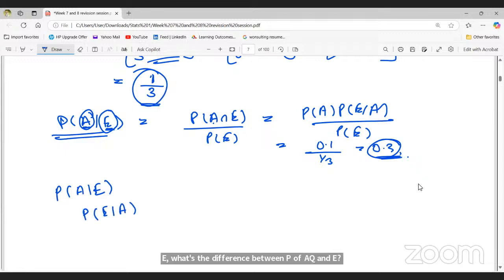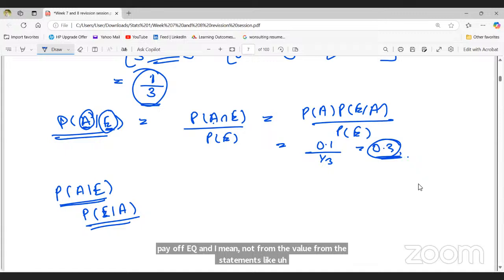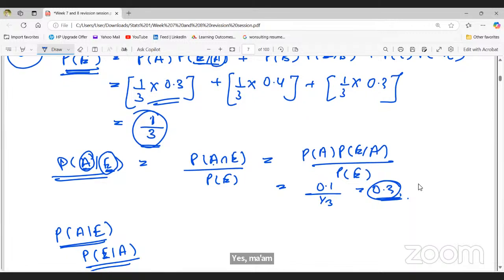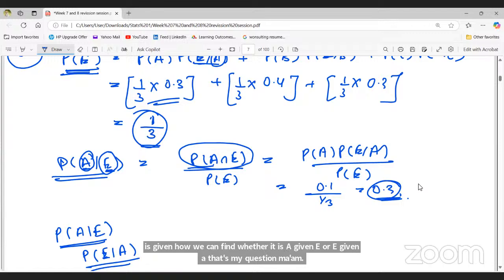I mean, how can we identify it from the statement, ma'am, not from the value? Yes, ma'am, I have the same doubt. In the formula, P of A intersection E is the numerator. I mean, if some question is given, how can we find whether it is A given E or E given A? That's my question, ma'am.